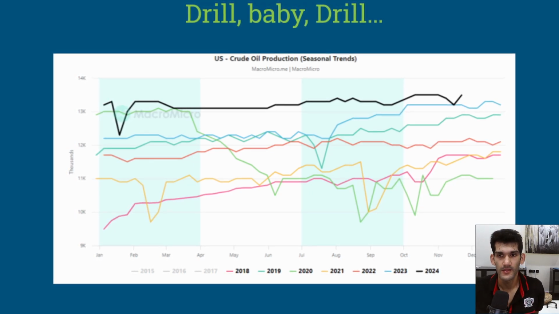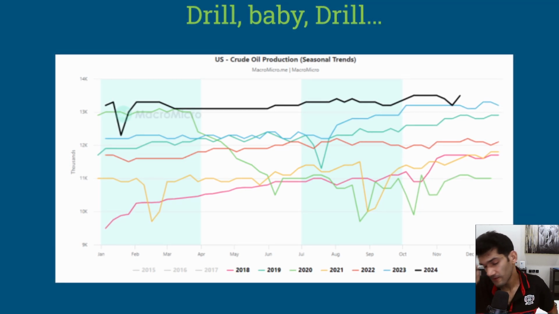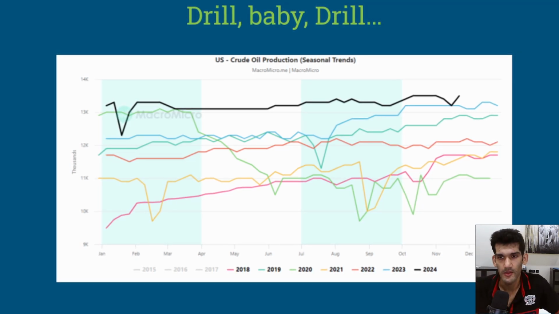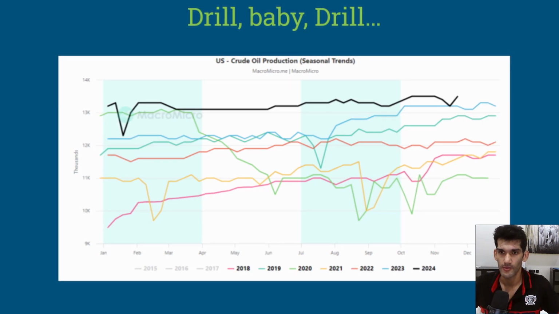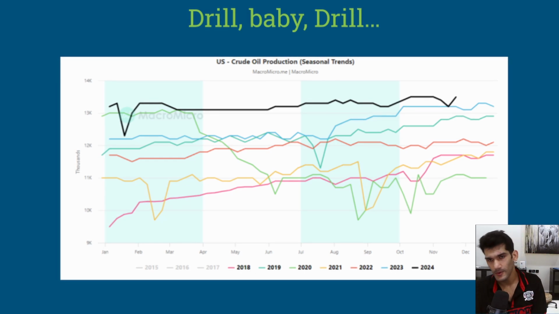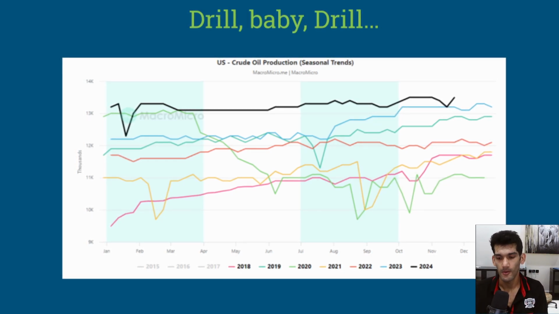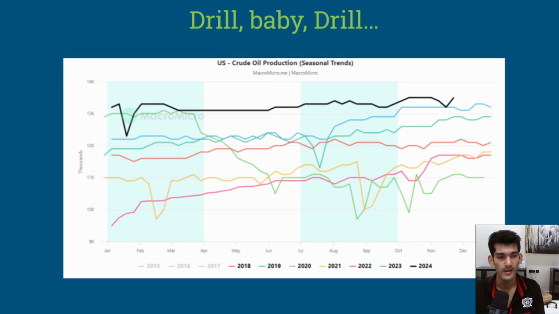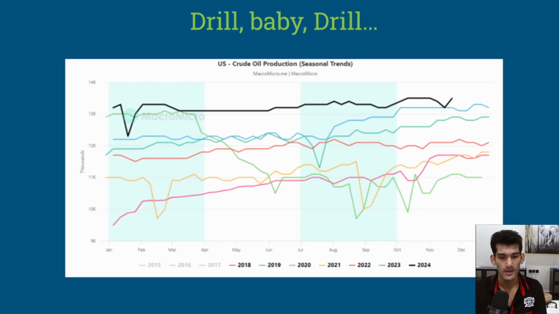So this is kind of the backdrop, right? And think about it, if Trump comes in and, one way or the other, gets the crude oil production of the US to rise even higher, the only question left here is, do we have the kind of demand to be able to absorb all that excess oil? If not, what's going to happen to the crude oil price?